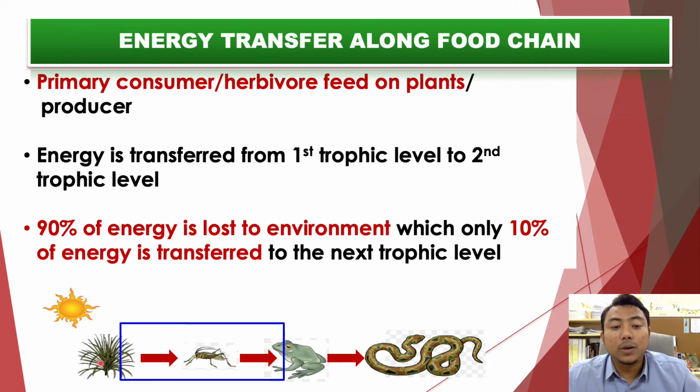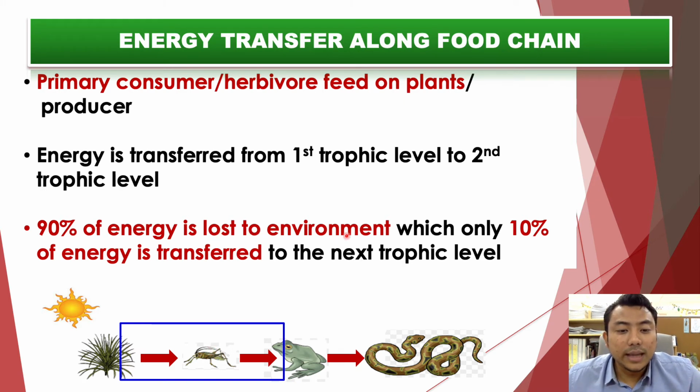Bukan diterima, digunakan oleh pokok tersebut, the producer. Then that 1% itu nanti tak kira jumlah itu berapa, daripada jumlah itu, hanya 10% saja akan being passed to the next trophic level. Maksudnya gitu.